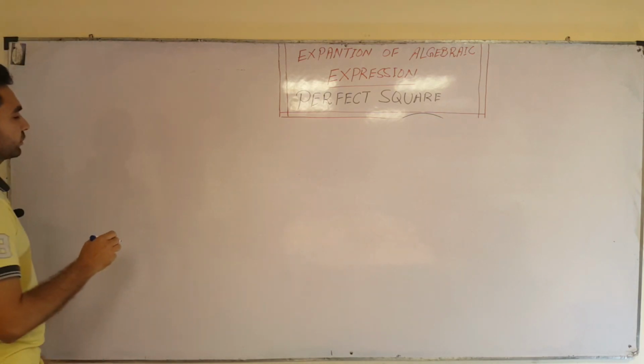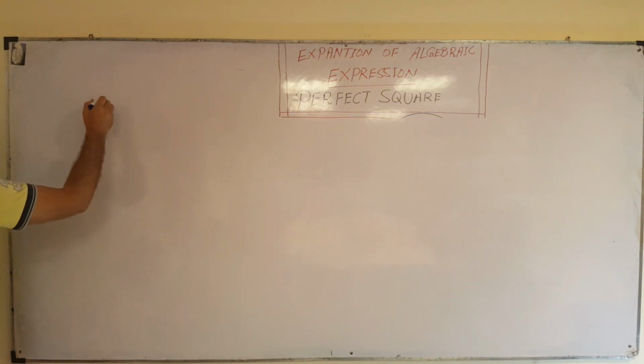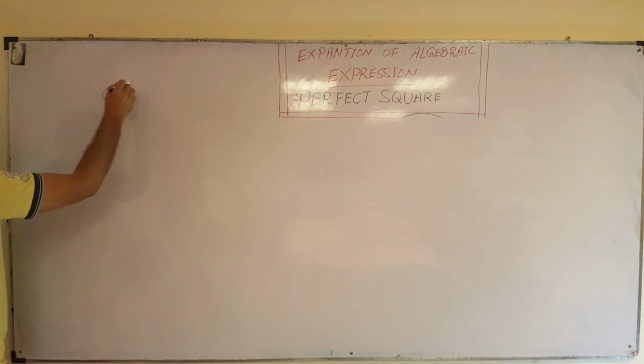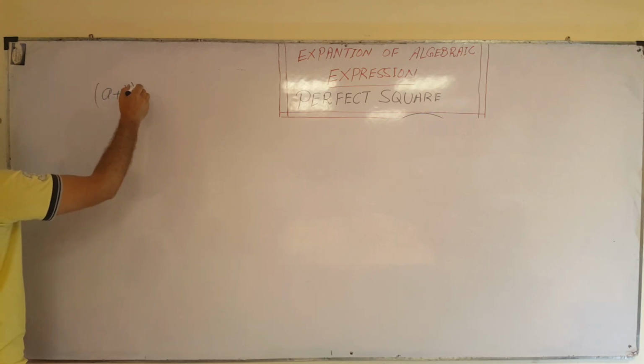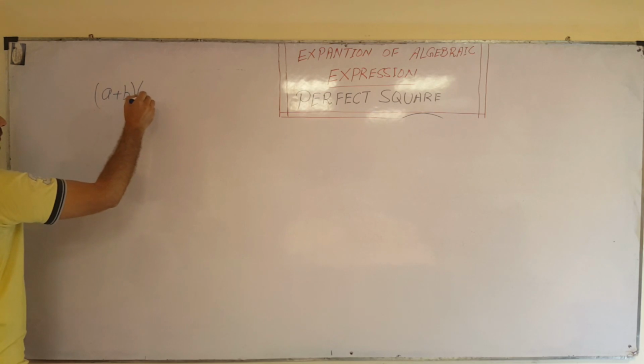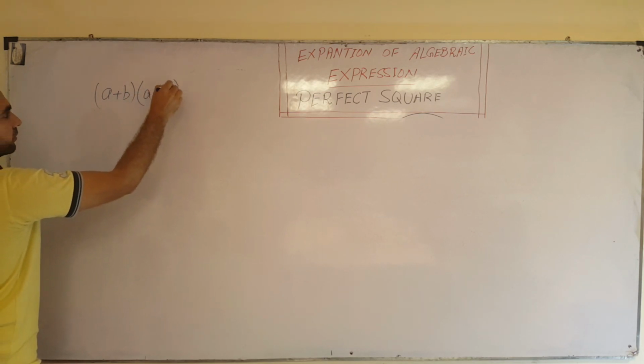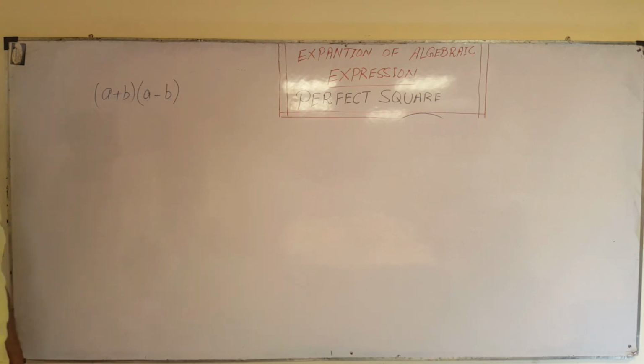Now we do the difference of the two squares. So we have a plus b, and we have a minus b.